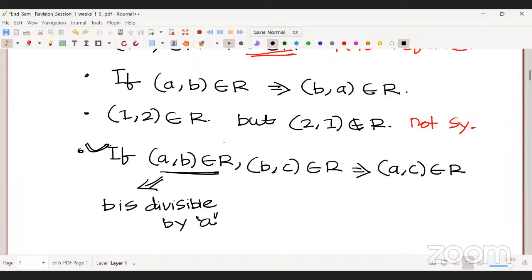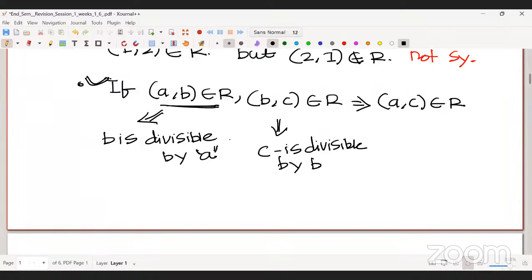Yeah. And this implies that C is divisible by B, right? So from these two statements, what can we get? A divides B, right? And B divides C, right? So that means A also divides C. C is a multiple of B, B is a multiple of A. That means C is also a multiple of A, right?